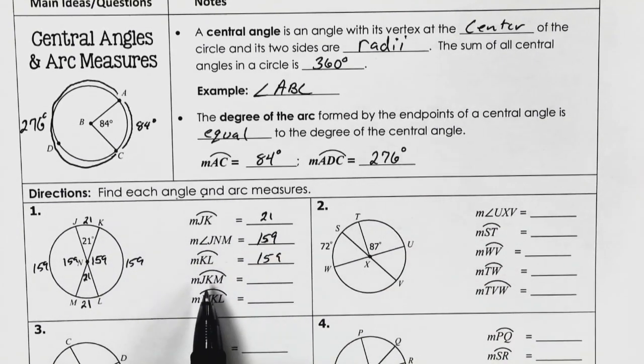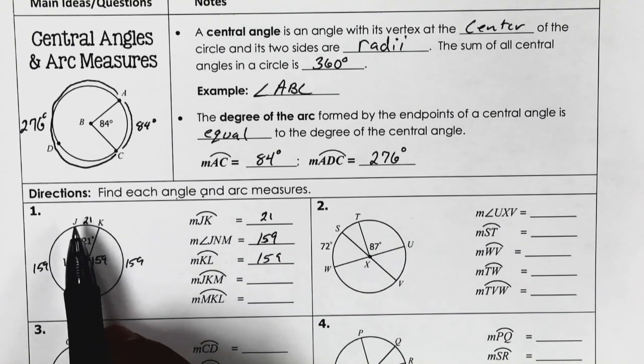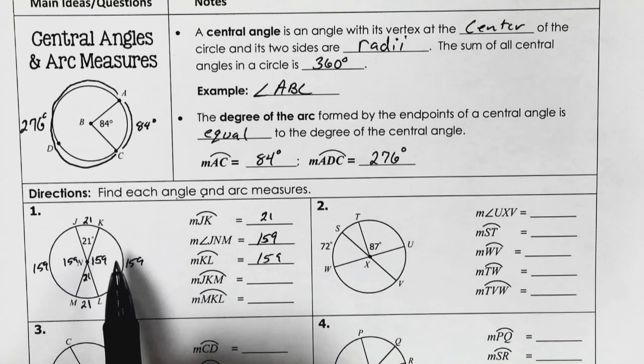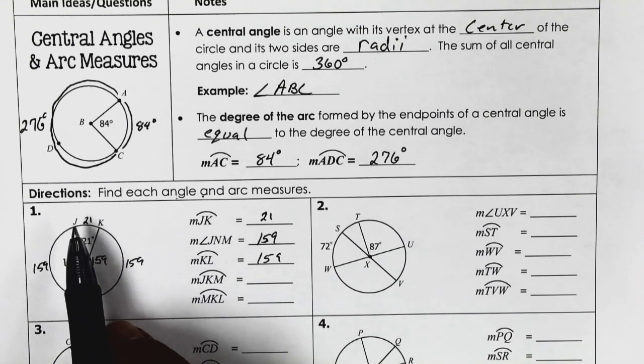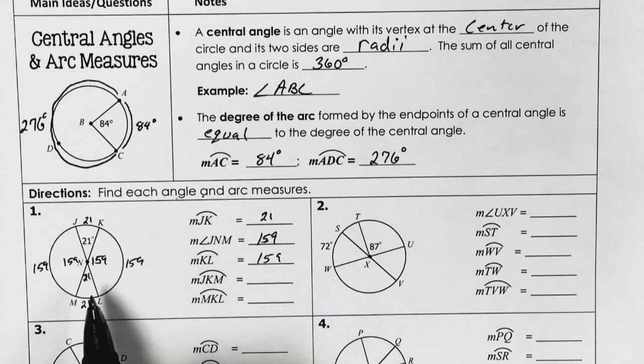All right, so now this one's a 3-letter arc, so this one's going to be a big one. We're going to go from J to K all the way to M, which means I have to add up all of these arcs right here.